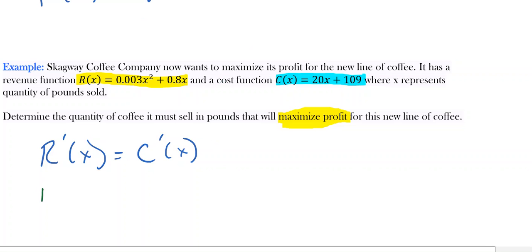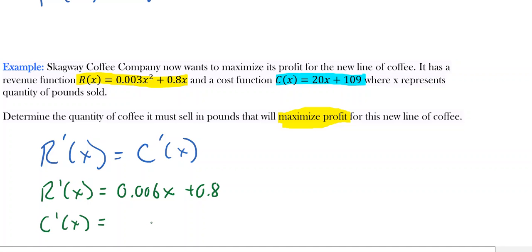So the marginal revenue function is 0.006x plus 0.8. And the marginal cost function, the derivative of the cost function, is simply going to be 20.